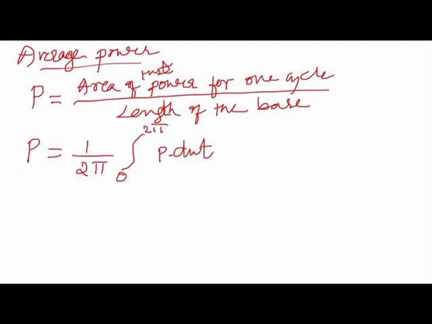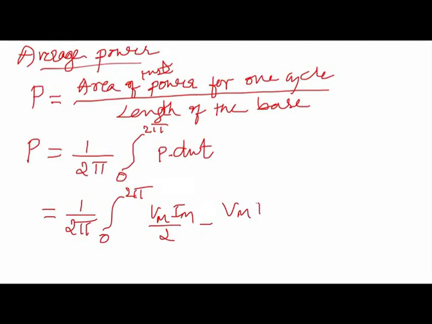So this can be calculated as 1/2π times the integral from 0 to 2π of Vm Im/2 − Vm Im/2 cos 2ωt, integrating with respect to ωt.